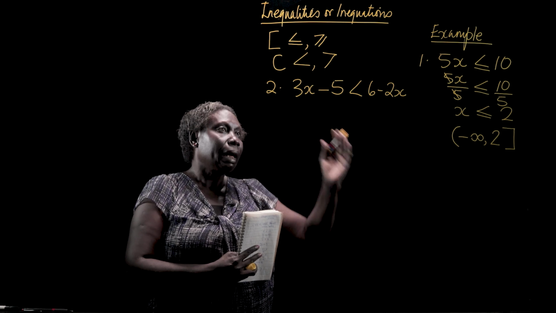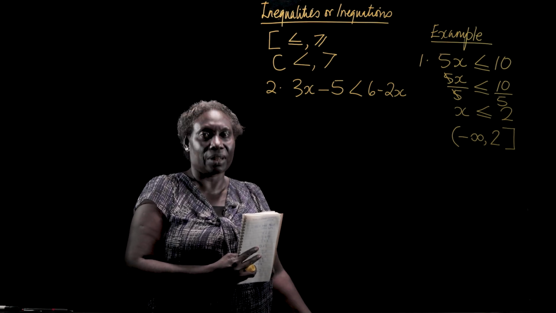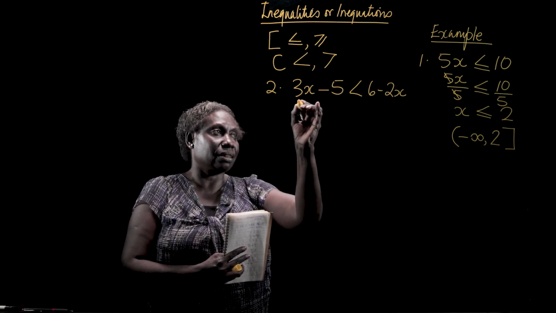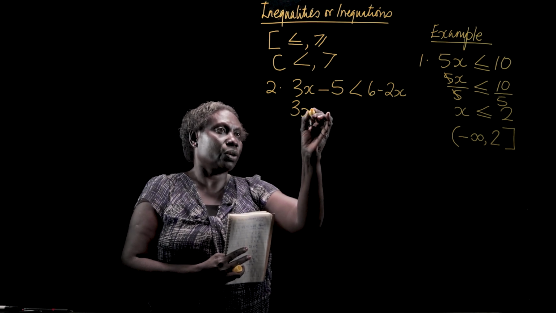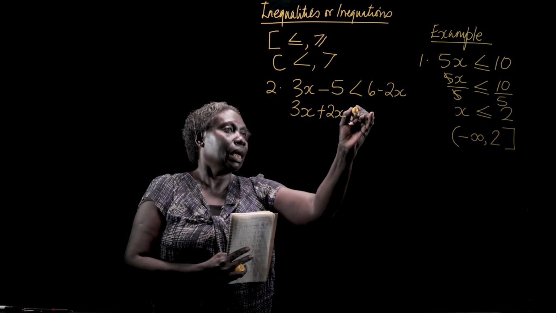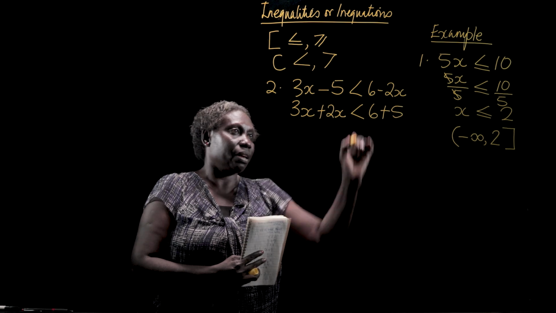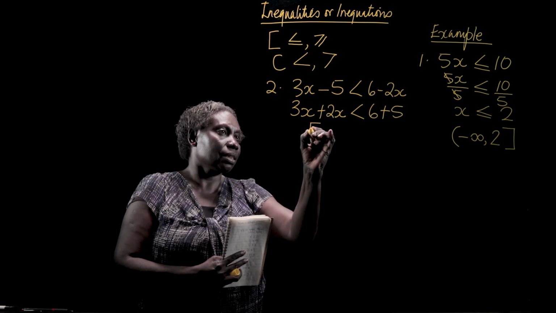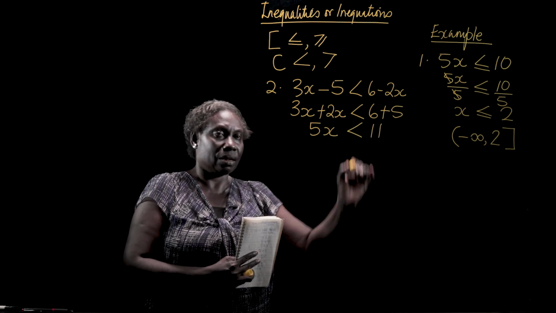We bring all the numbers to the right-hand side and all the letters to the left-hand side. How do we bring negative 2x to the left-hand side? We add 2x on both sides of the inequality. So we have 3x plus 2x is less than 6 plus 5. Okay, 3x plus 2x is 5x. 5x is less than 11.